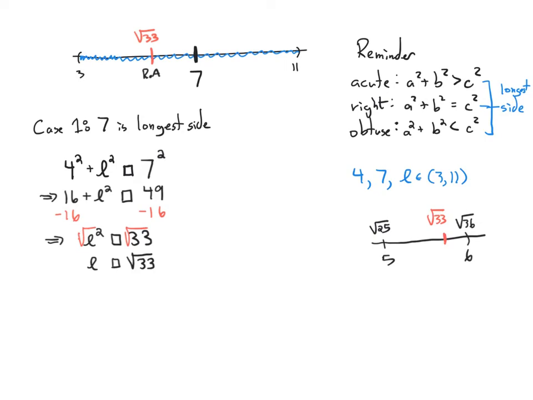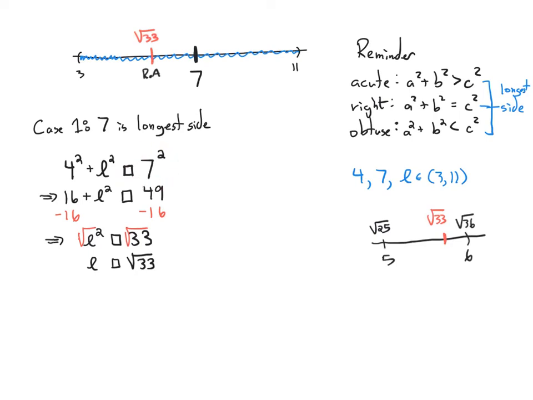Now, if instead of looking at a right angle triangle, we looked at an acute triangle, well, that would mean that the two shorter sides, the squares of them, would be larger than the square of the longest side.